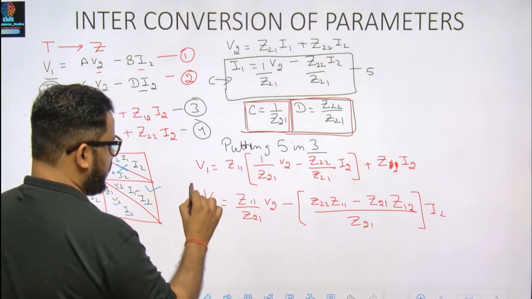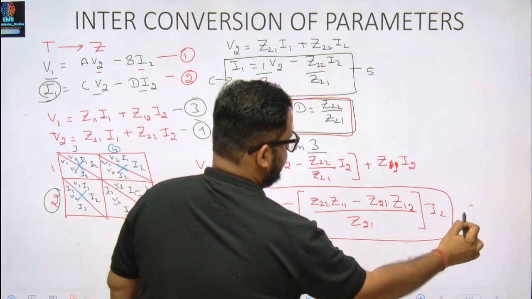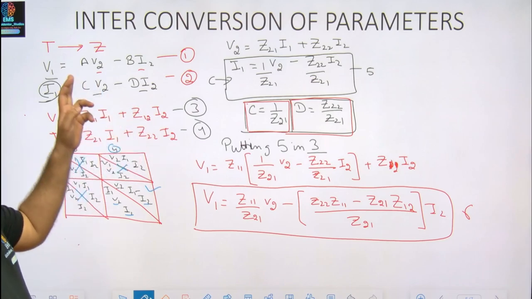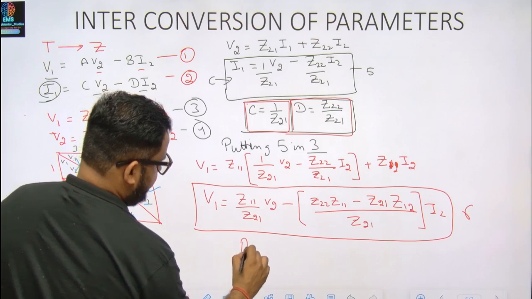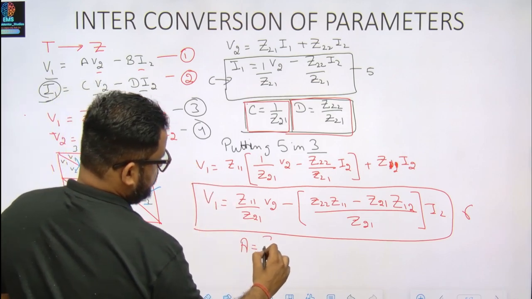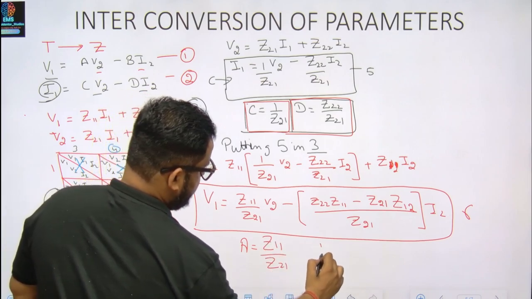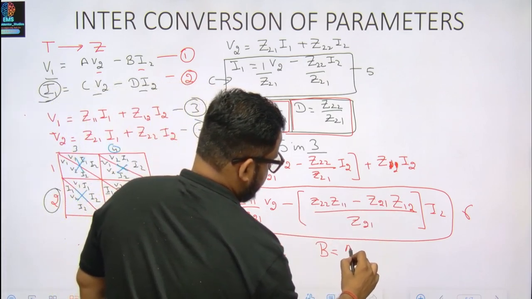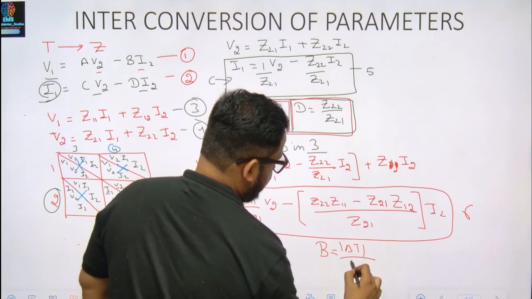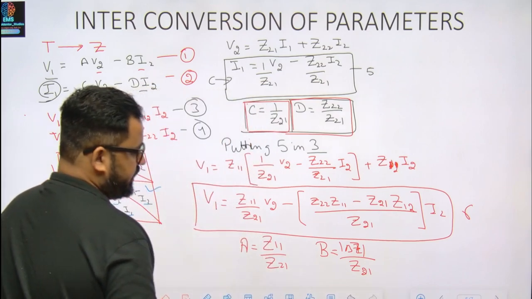Now if you'll see, if you compare this 6 with this equation 1, you get A is equals to Z11 by Z21 and B is equals to, this is nothing but determinant of Z divided by Z21.